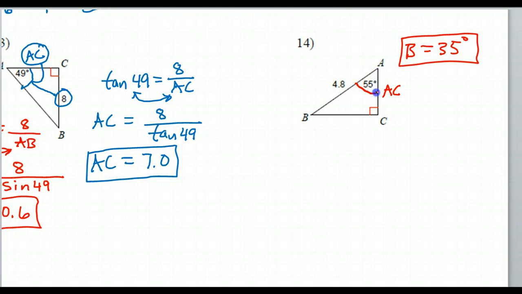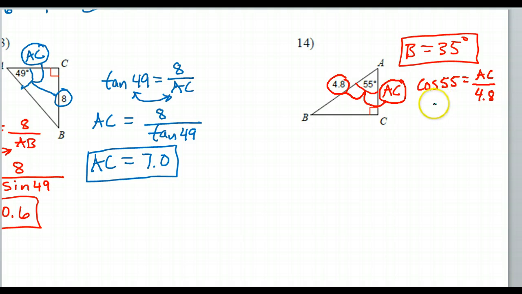Looking at the 55 and the 4.8 and the AC, we have adjacent and hypotenuse. So that is the cosine function. So we will do cosine 55 equals adjacent over hypotenuse. So AC over 4.8.